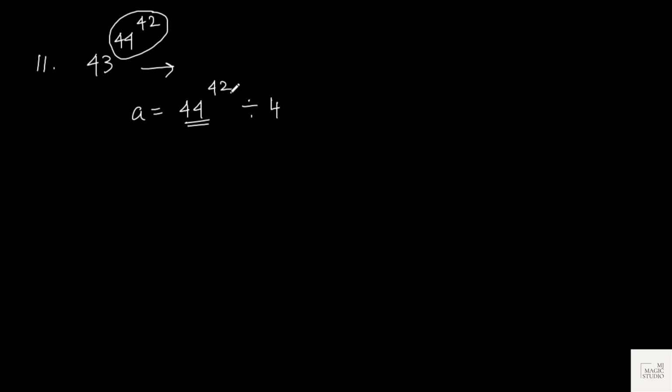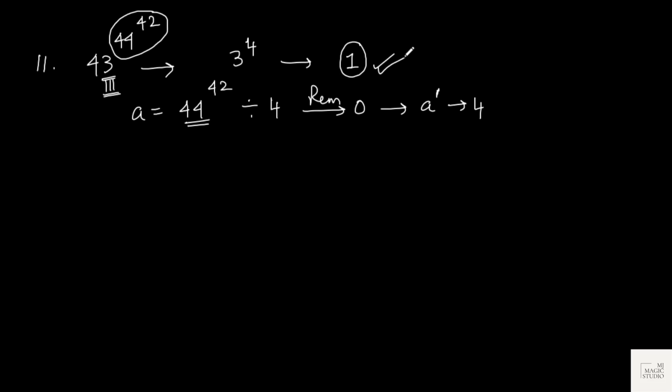That means 44 to the power 42 is fully divisible by 4. That means when this power A is divided by 4, it will leave remainder 0. And then the new value of A will become 4. So now what is our L? L is 3. This is a type 3 number. So we are looking out for simply 3 to the power 4 last digit. 3 to the power 4 last digit is 1. So last digit of this entire number, 43 to the power 44 to the power 42, is 1.